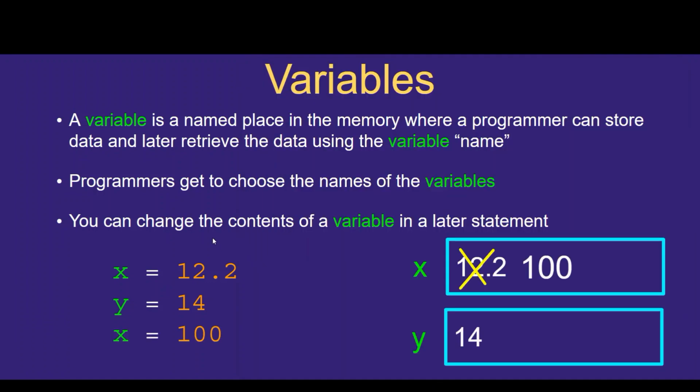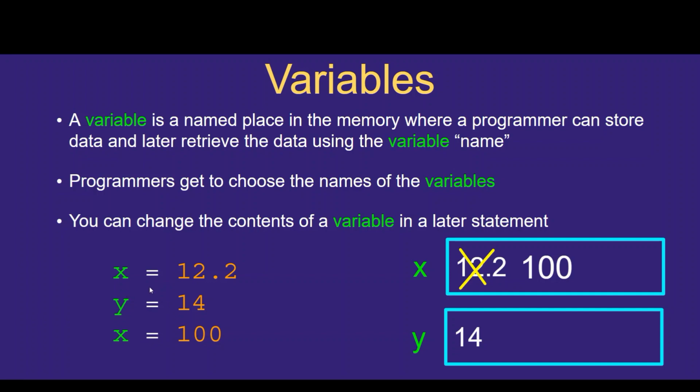Now look at this. What we have here: x is equals to 12.2, y is equals to 14. Then you come down and also name x is equals to 100.